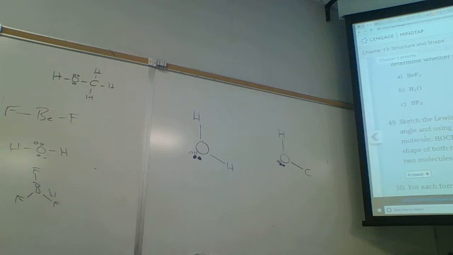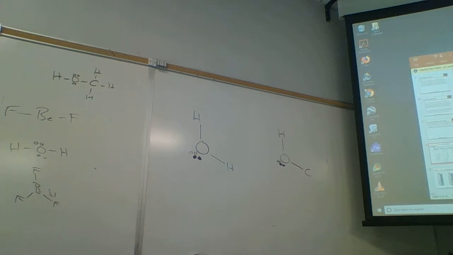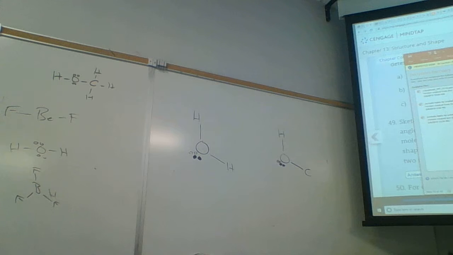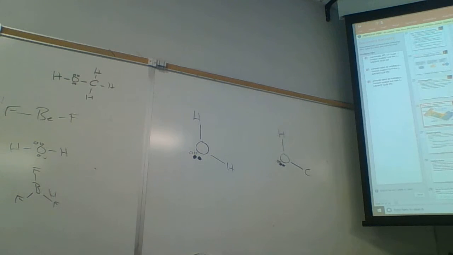Now, what do I mean by so small? You might not think it's so small. It may not seem so consistent the way people talk about these, but let's take a look at the electronegativities here. Do you see?